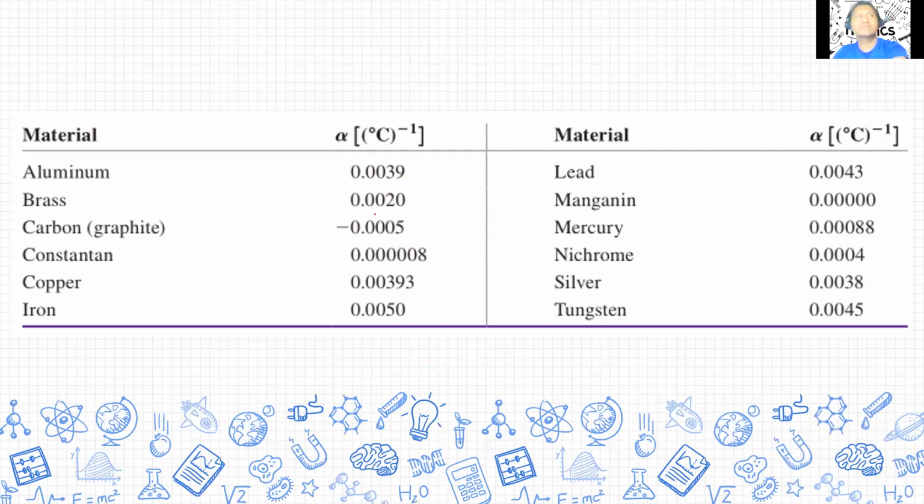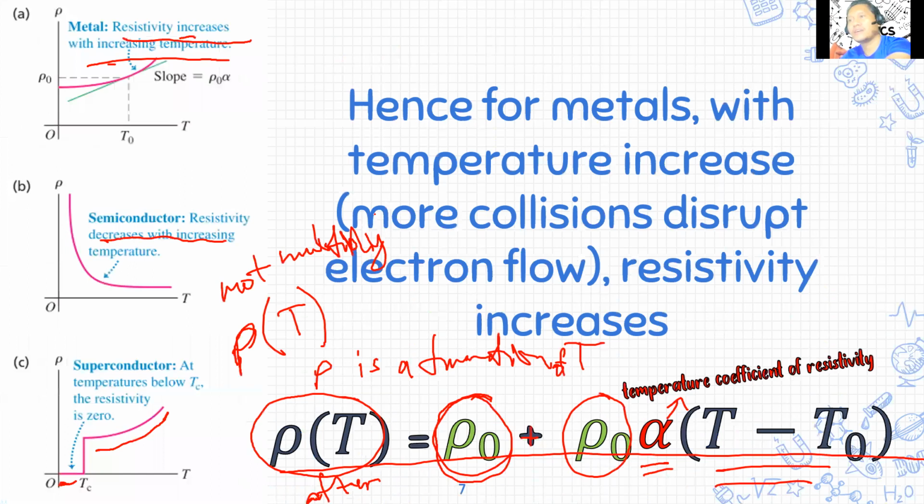So naa puy uban nga cases nga kung na-decrease ang temperature, mo-increase ang resistivity. Okay, so again, put this in mind that when it's higher temperature, more traffic, less flow. Less flow, therefore, more resistance, or katong taas ang resistance.